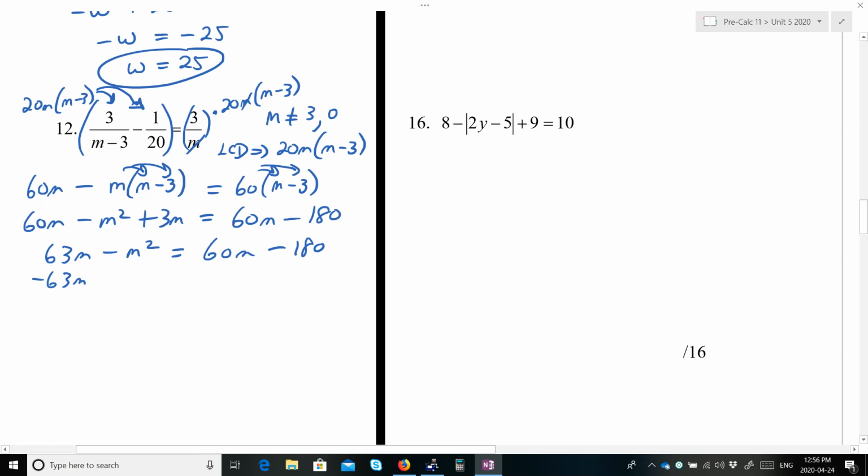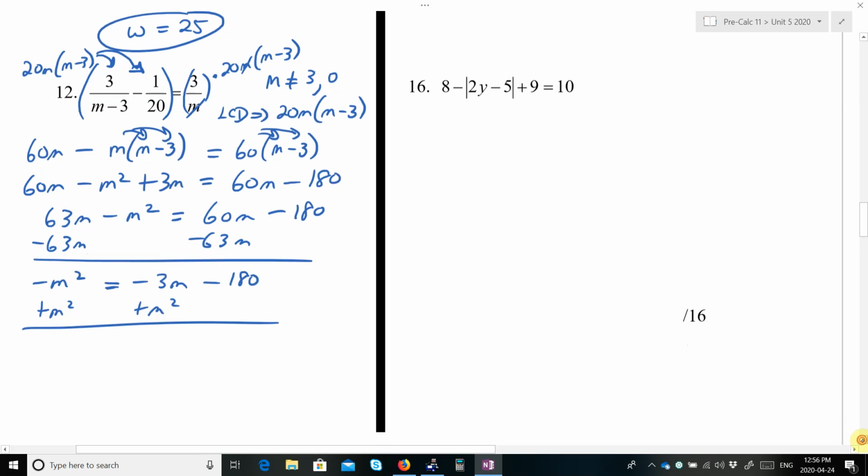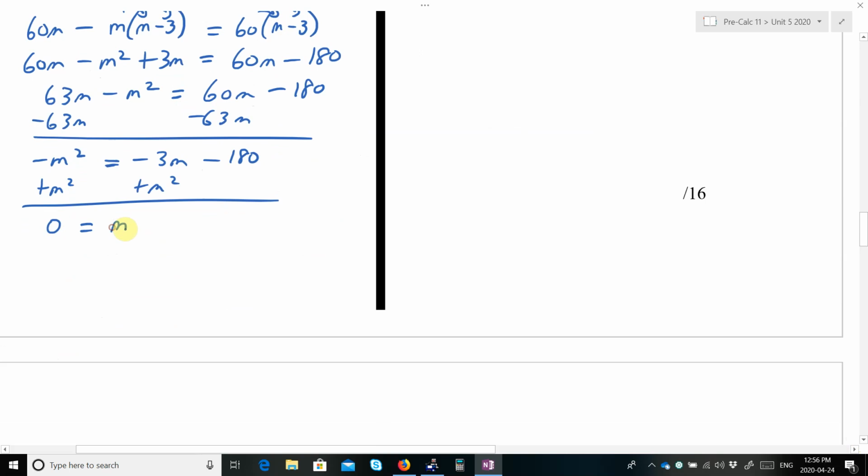So I'm going to subtract 63m from both sides. And I will have minus m squared equals negative 3m minus 180. And I just need to add the m squared over. And we get 0 equals m squared minus 3m minus 180. And I think this factors into m plus 12 times m minus 15.